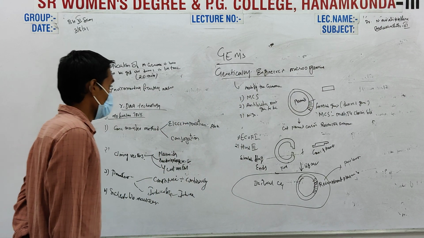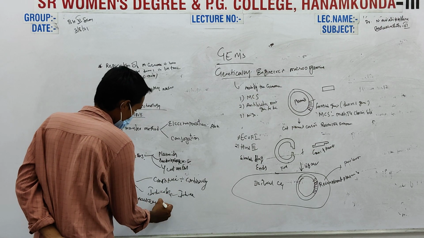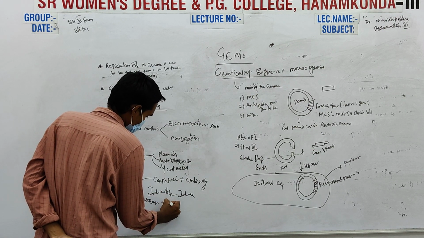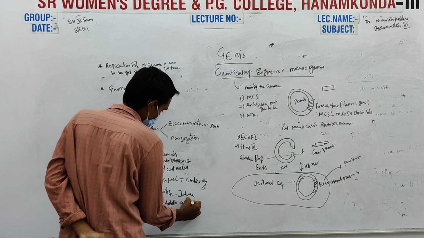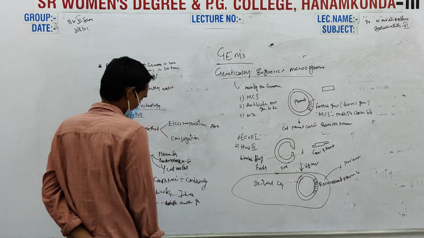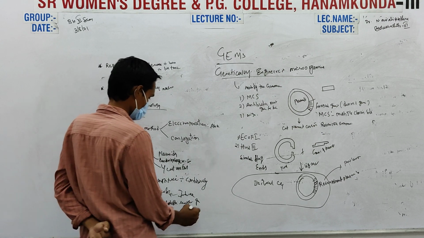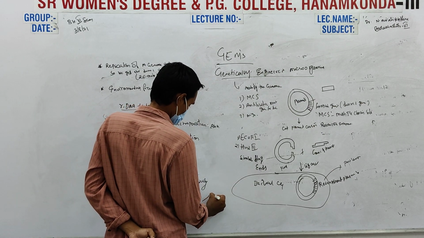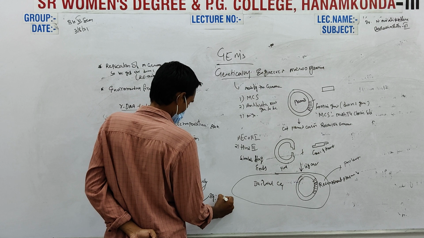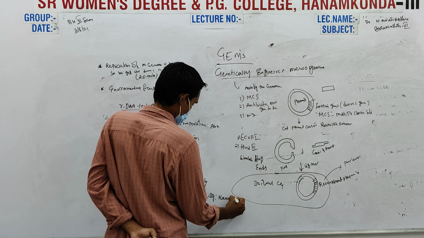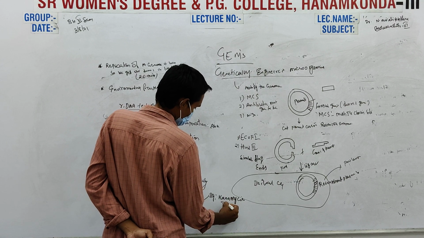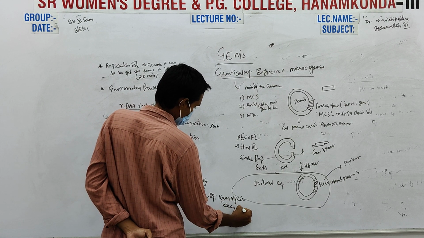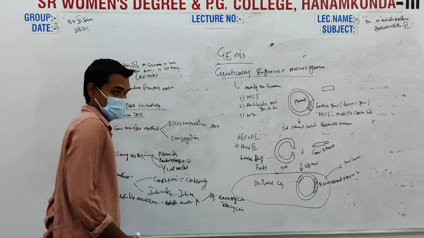So the selectable markers include mostly antibiotic resistant genes, which include, for example, the kanamycin resistant gene and the tetracycline resistant gene.